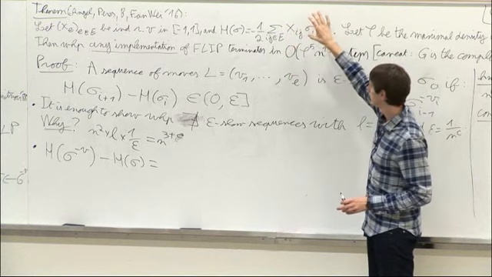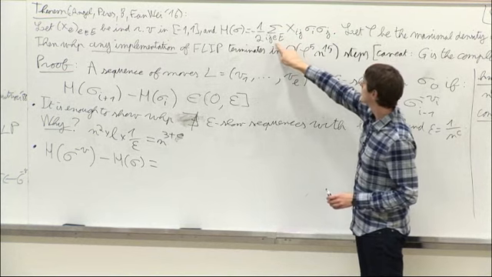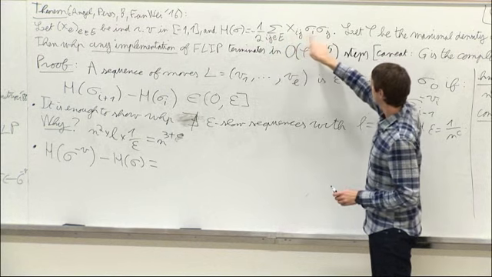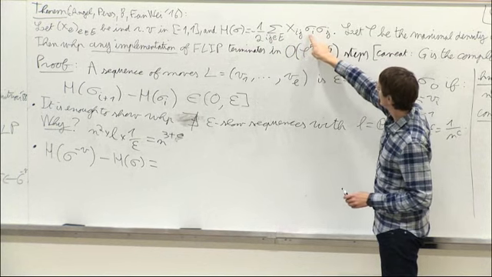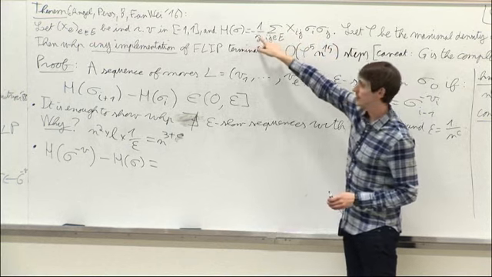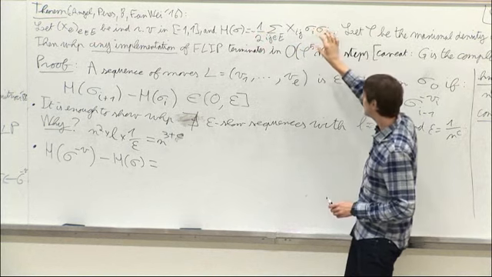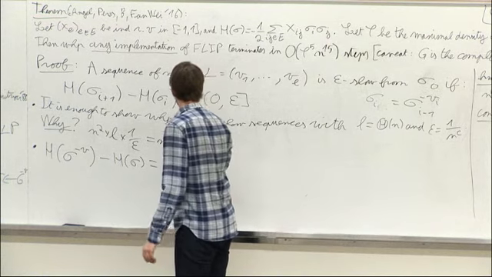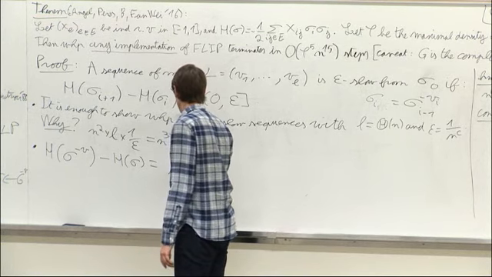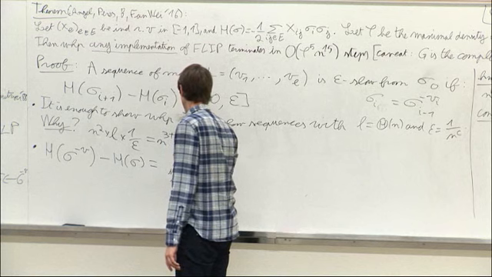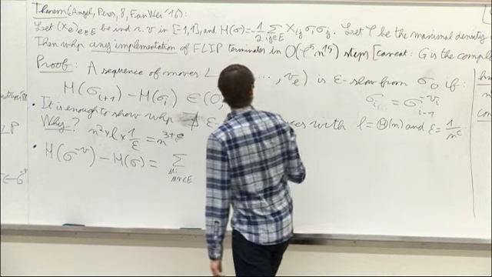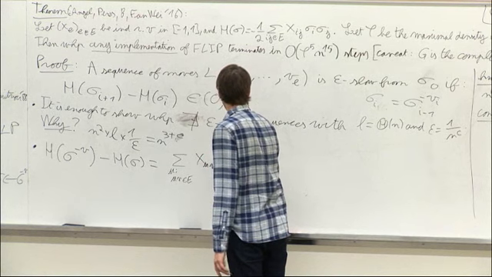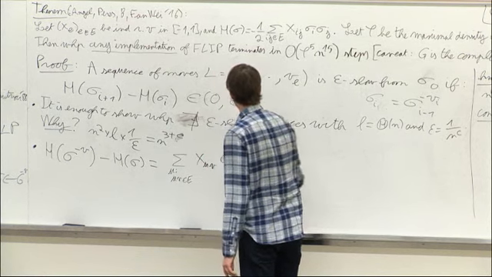But for the ones where v is either i or j, I get that the sign changes, and I have a minus here. So I get once this term. So what this is saying is I get the sum over all u such that uv is an edge of x_uv times sigma_u sigma_v.